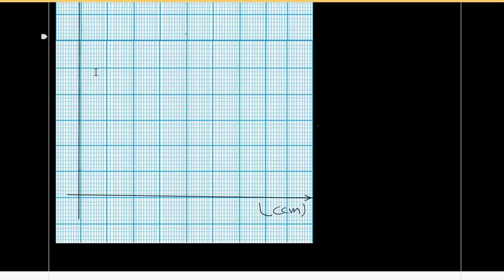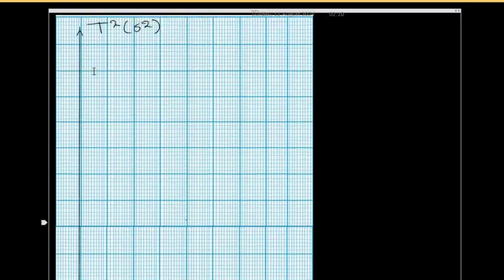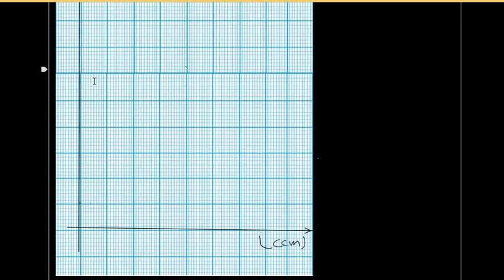Let's just call it 10 boxes, so that you utilize just 10 boxes for your vertical axis.